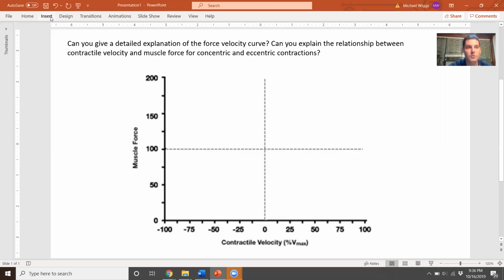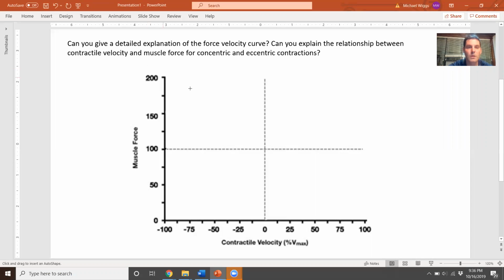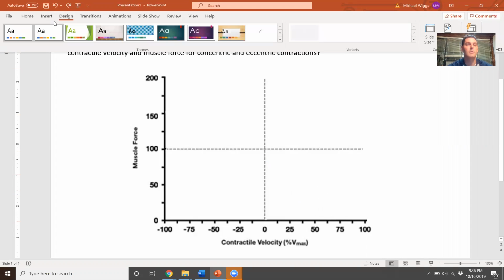So if we actually draw the curve here, what we see on this side of the curve, which are all concentric contractions, is basically an inverse relationship. Let's see if we can try to draw that a little bit better.